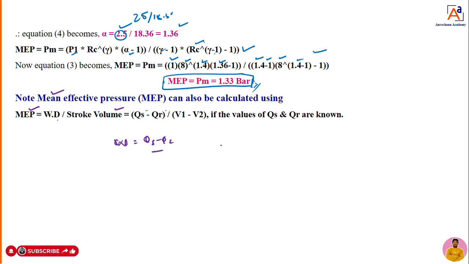Stroke volume is V1 minus V2, or else V2 minus clearance volume. With the help of this equation, I can calculate the mean effective pressure, that is work done by stroke volume, Qs minus Qr by V1 minus V2. That I will do in the next video.